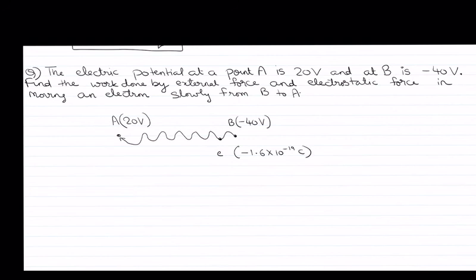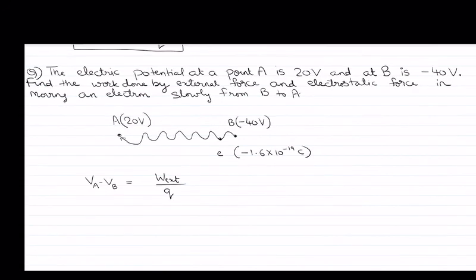Now if I write whatever formula we have studied, VA minus VB is equal to W external upon Q, where W external is the work done by the external force in bringing a charge of Q coulomb from B to A. In this question also we have to bring it from B to A. So VA minus VB gives me 20 minus minus 40, which is 60, equal to W external divided by Q, and Q is minus 1.6 into 10 to the power minus 19.